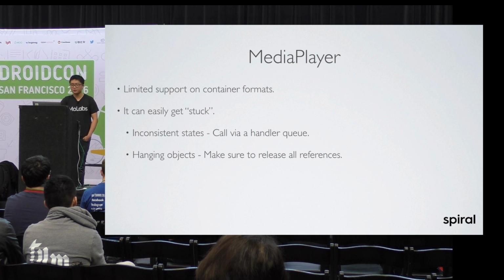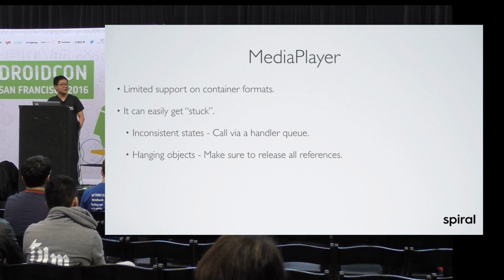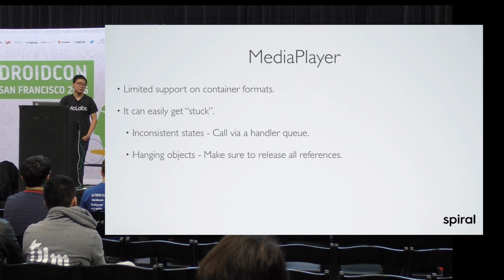There's this crazy diagram that I refuse to show here about all the states and the calls and the orders you have to follow to make the video player work. And many times, due to bad implementations on the manufacturer side, if you call things out of order, your app will get stuck and the user will have to reboot their phone.